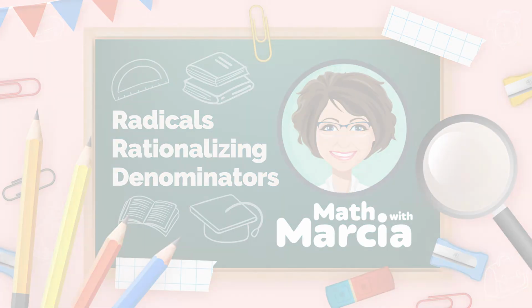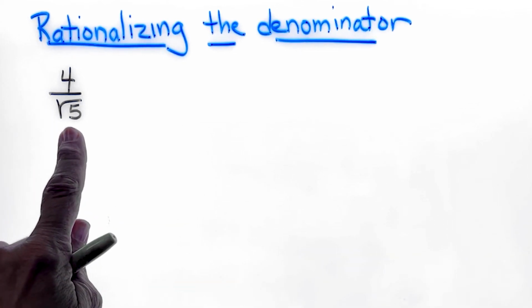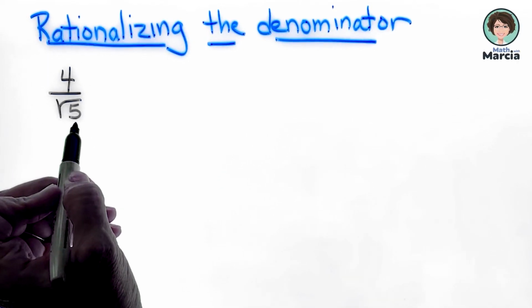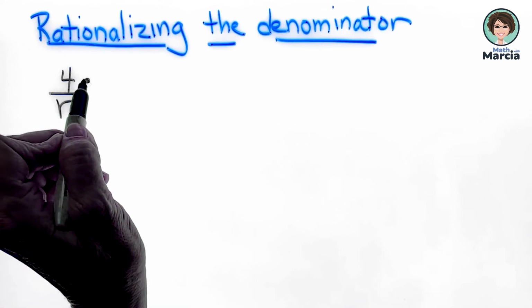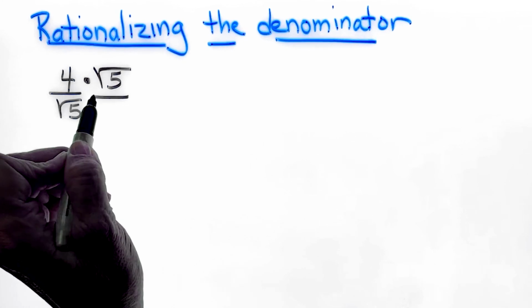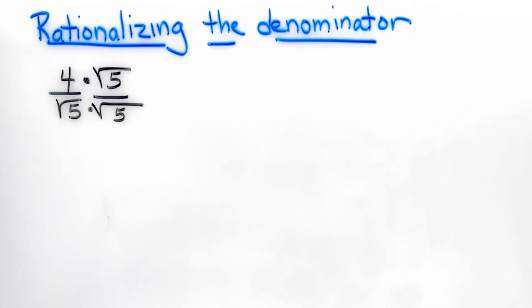This lesson deals with rationalizing the denominator. When you have a fraction, you cannot leave it so that you have a square root symbol in the denominator. So in order to rationalize the denominator, we are going to multiply the numerator and the denominator by the square root of 5.